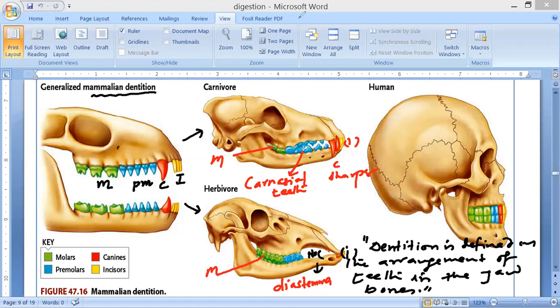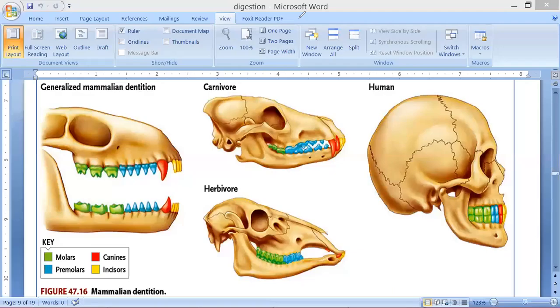So what type of dentition do we have in humans? Again, I will save this photograph for you. Now we will discuss the types of dentition in man.